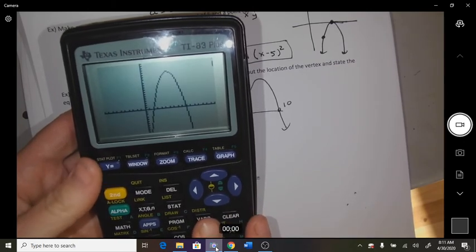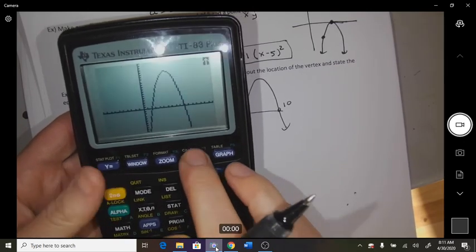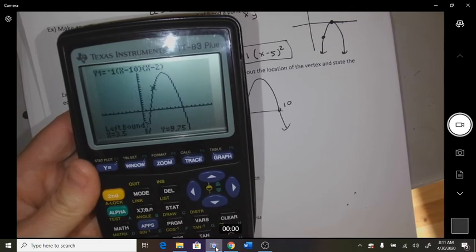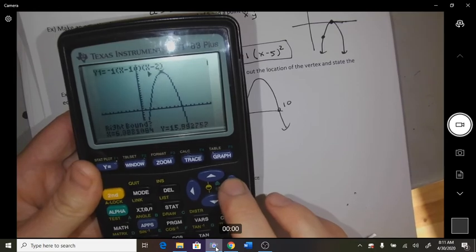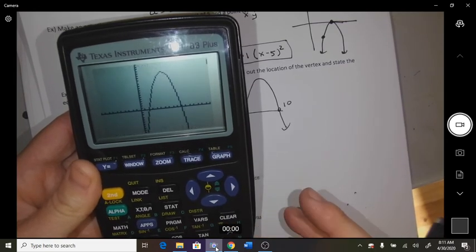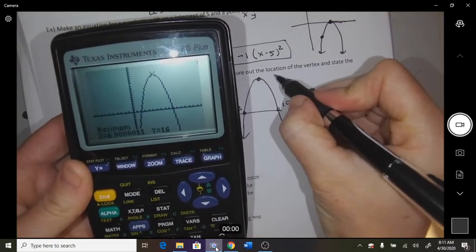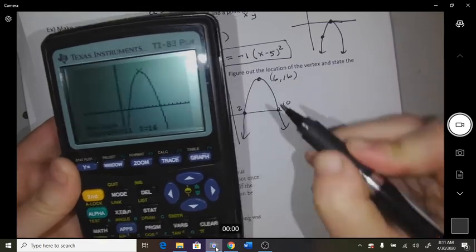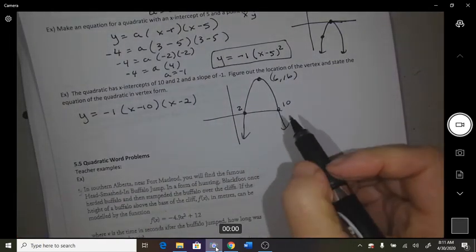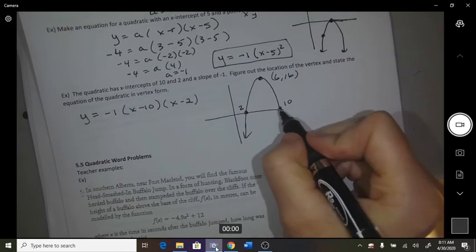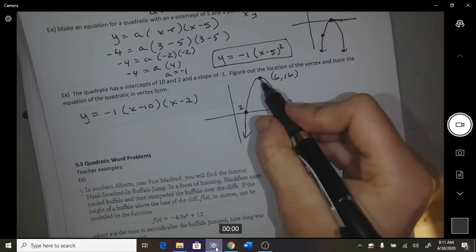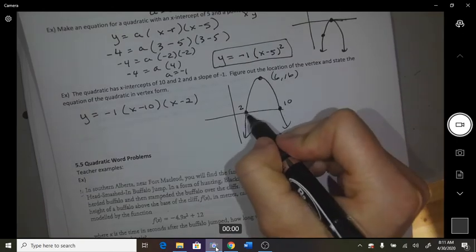Alright, so we can see that. So we're going to calculate the max, left bound, right bound. So 6, 16. I'm also going to tell you that when you have your x-intercepts, your vertex is going to be symmetric in the middle.